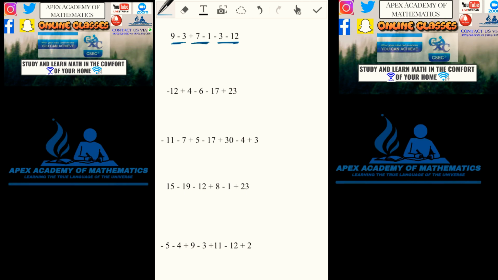Now, what I want you to also recognize is that you need to pay attention to the signs in front of the numbers, because when you're associating, you do not want to leave off a sign. For example, if I were to use brackets, a common mistake by students is that they put a bracket in front of the 3 here, and they automatically turn that 3 into something else.